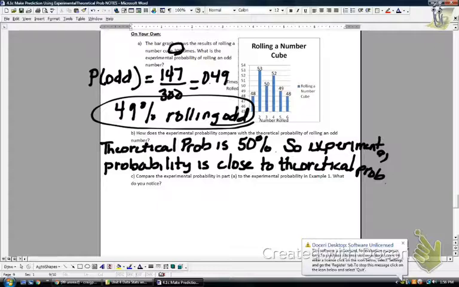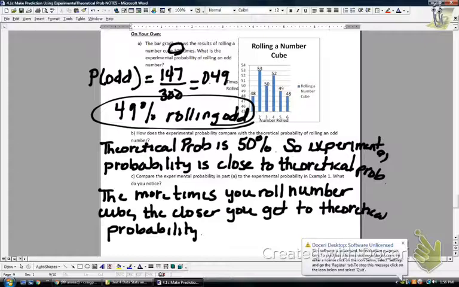Part C says compare the experimental probability in Part A to the experimental probability in example 1. What do you notice? And it's pretty much what I just said. Alright, so here is how I worded it. The more times you roll the number cube, the closer you get to the theoretical probability. Go ahead and work that last on your own problem and then come back and check it.